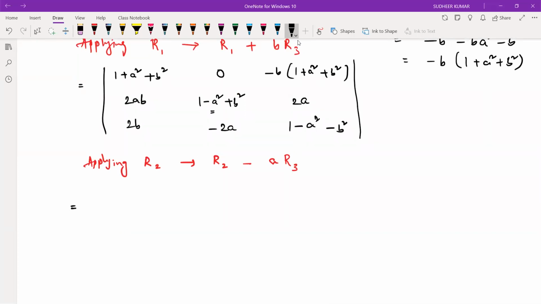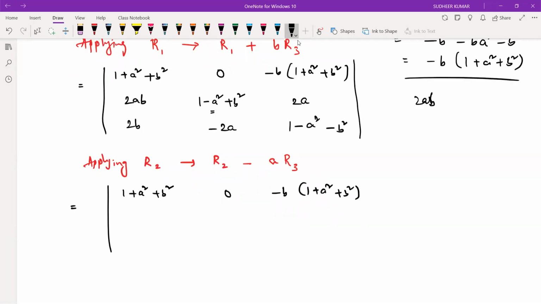So this is determinant of, R1 remains same, 1 plus A square plus B square. So 0, then minus B into 1 plus A square plus B square, and this is 2AB.